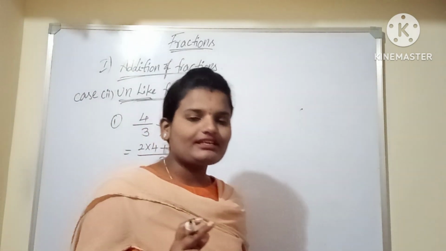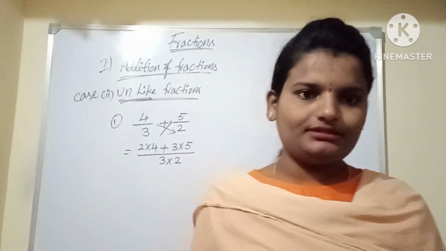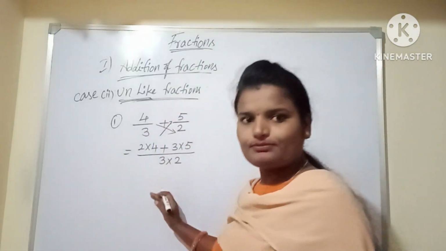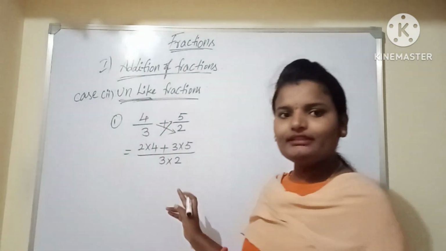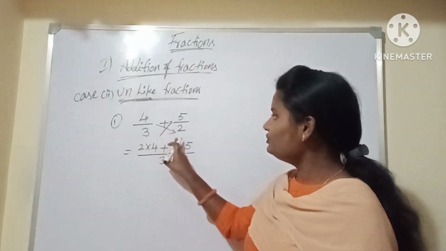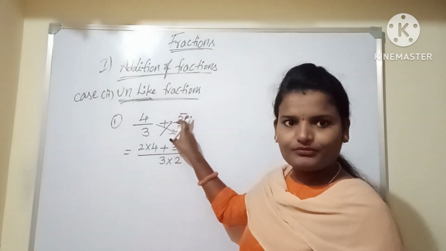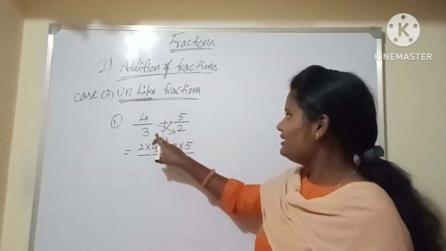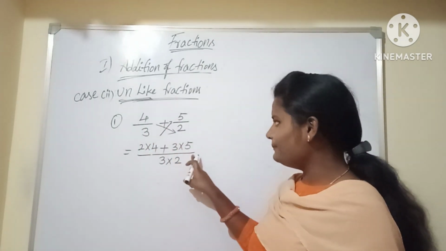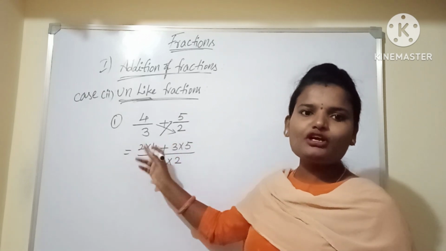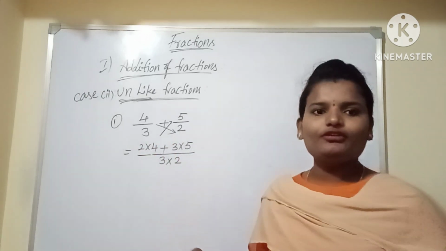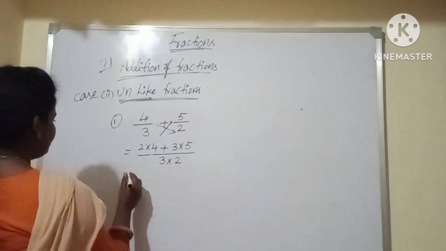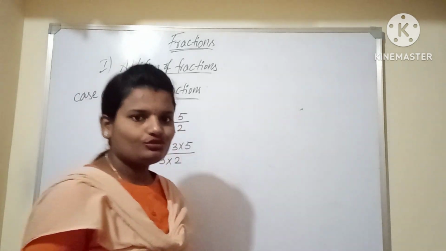If the given fractions are unlike, then we have to follow this process. First, we multiply crosswise. So 2 fours are 2 into 4 plus 3 into 5, divided by the denominators multiplied, 3 into 2.